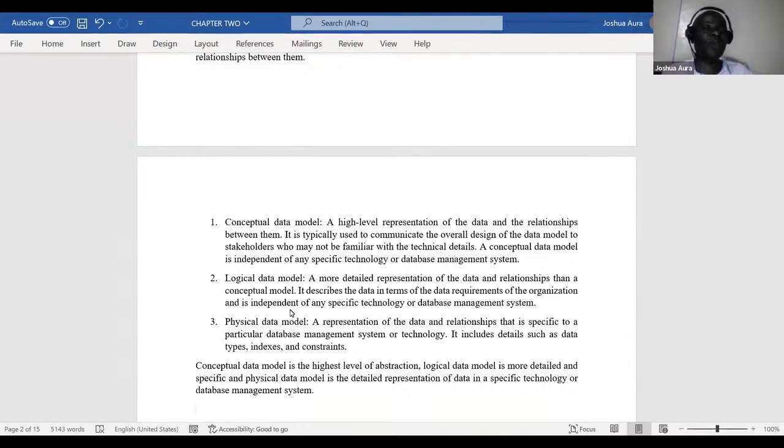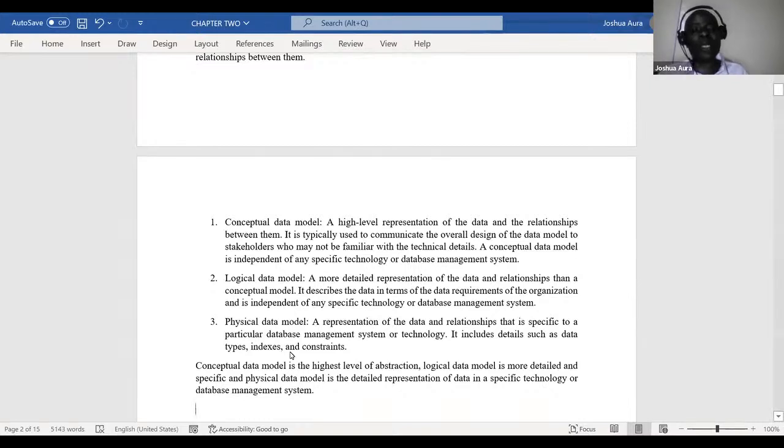From there now we go to number 3, the physical data model, a representation of the data and the relationships that is specific to a particular database. Now here we have started the design. If it's MySQL, it's specific to a particular database management system or technology. It includes details such as data types, indices, and what constraints do we have.